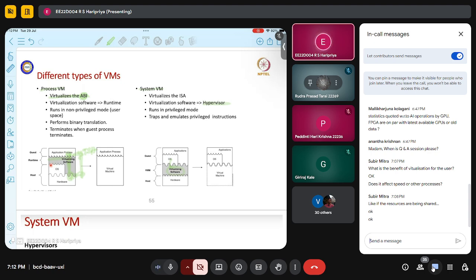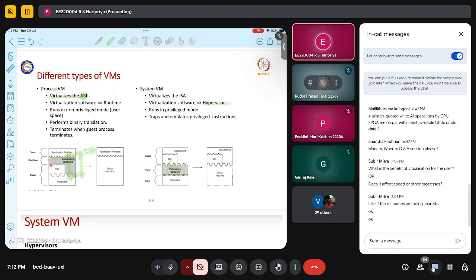So the advantage of virtualizing at the process level is that if you want to run this application process on another system, let us say some ARM system or a PowerPC or other system, having this virtualization software installed, we don't want to change anything inside the application process, as it will directly run on the bytecode interface that will be provided by the virtualizing software.